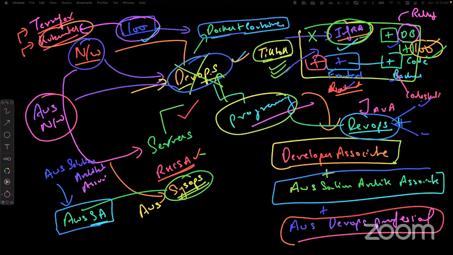Suppose Terraform and Kubernetes configure the server's Linux machine or a big application in Docker containers. In the same way, DevNet or network automation engineers configure hundreds of network devices using scripts. These are called DevNet engineers. Development plus networking is called DevNet. DevOps means development plus operations.